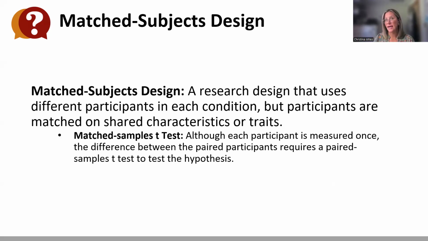If I'm using a matched samples t-test, I would have 10 participants in sample 1 and 10 different participants in sample 2, but their traits are matched to the extent where they're basically a stand-in for the original person. It's all about the design. The calculations would be the same as the paired t-test.